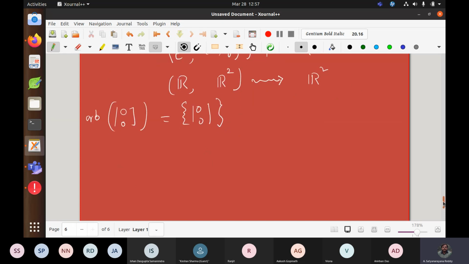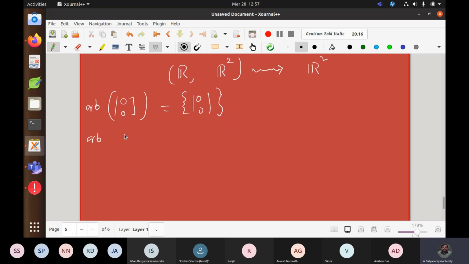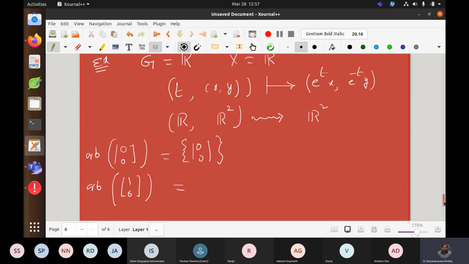Now what about orbit of 1 comma 0? Tell me that. I was thinking, can we say x into y is invariant, so that will always remain fixed?